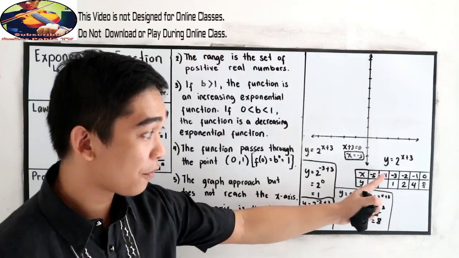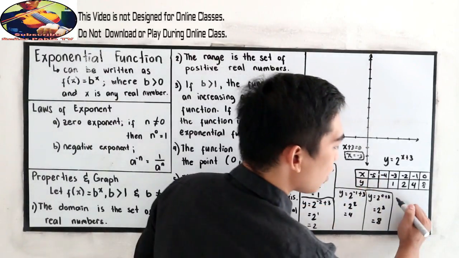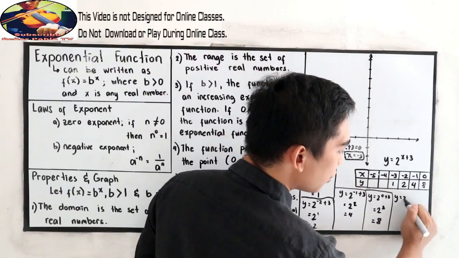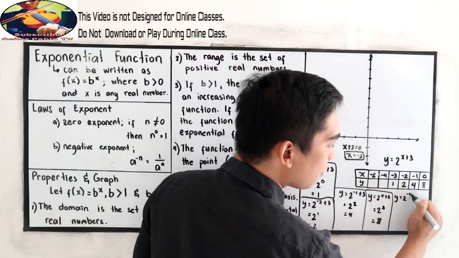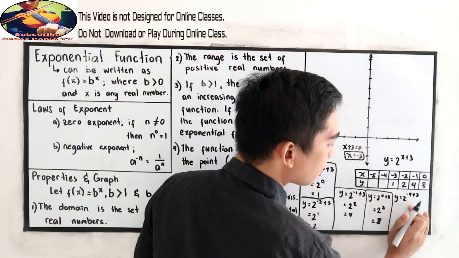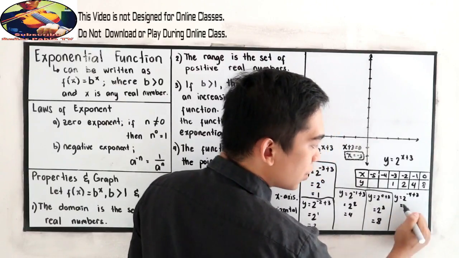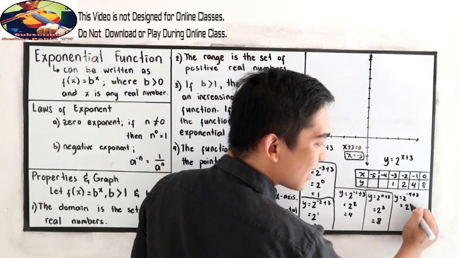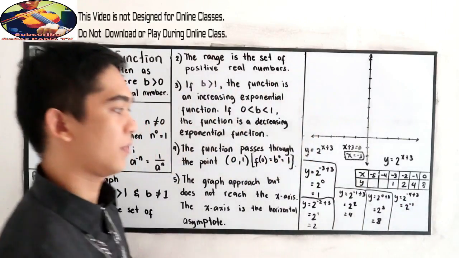And if you have negative 4, y is equal to 2 raised to negative 4 plus 3. Negative 4 plus 3 is negative 1.